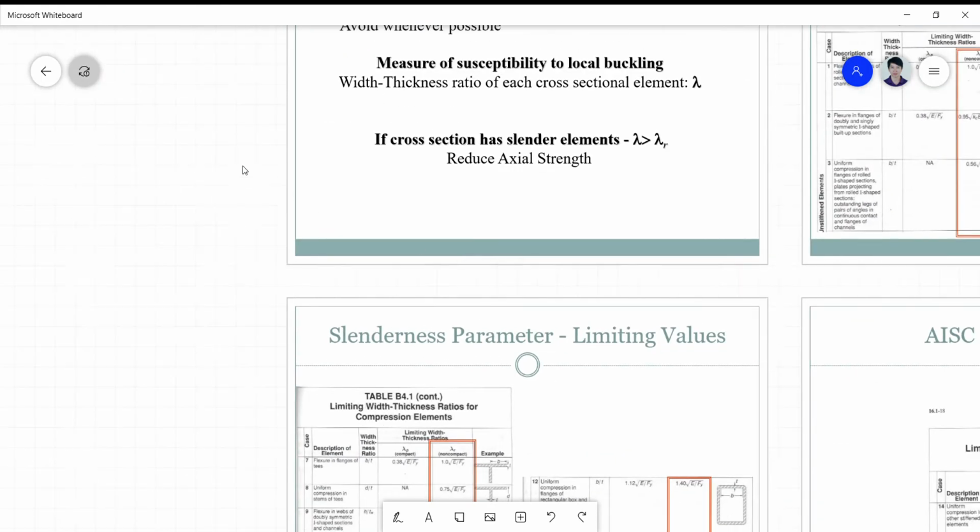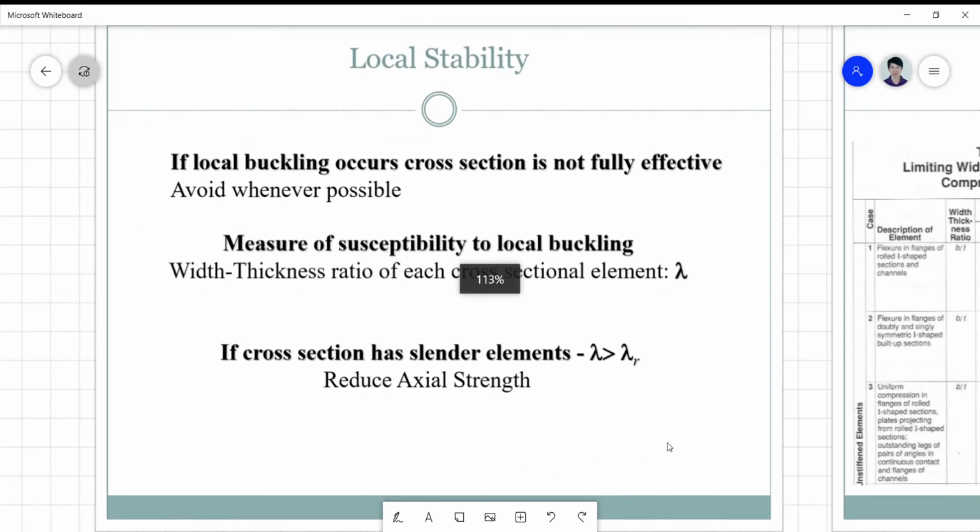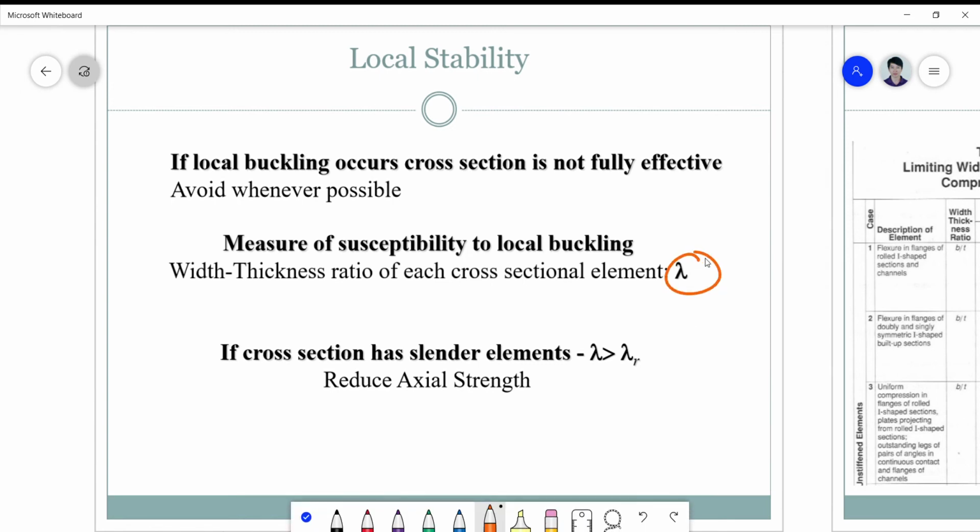And we have here the basis for your measurement of susceptibility to localized buckling. So lambda, which is actually the width to thickness ratio, is compared to your lambda r, which is the limit. Okay, so lambda r is the limit, while this is the actual.